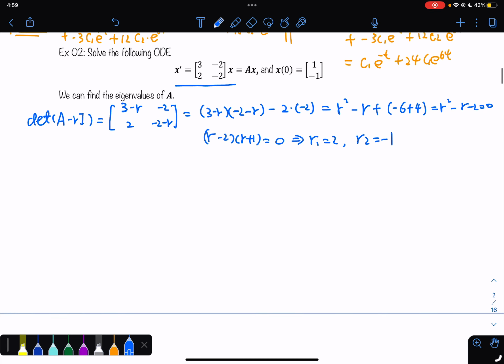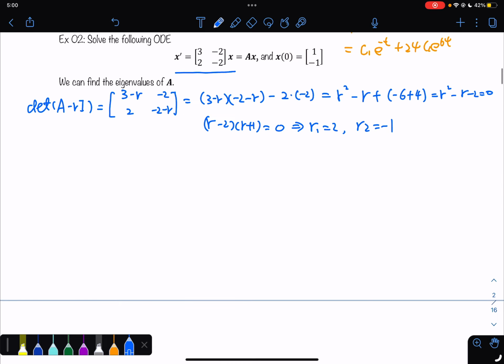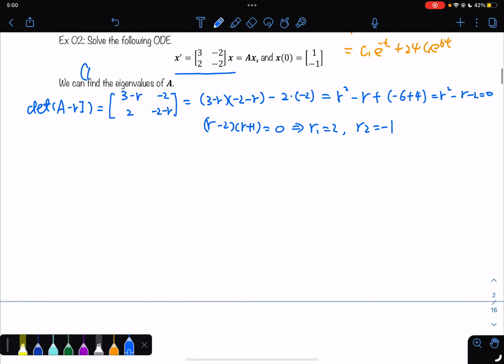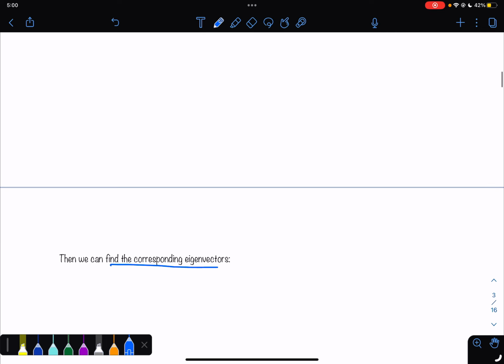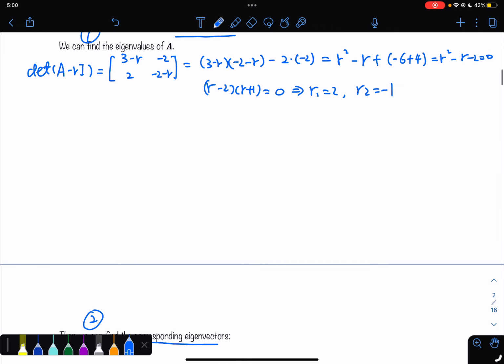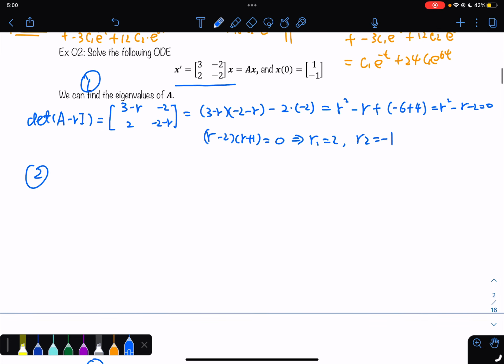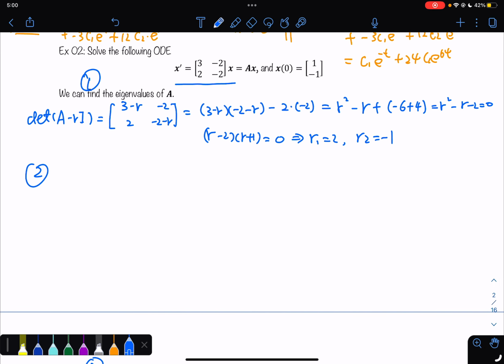You need to find the corresponding eigenvectors, which is what we have to do next. So find eigenvalues and then find corresponding eigenvectors. To find the corresponding eigenvectors, I'm going to start from here because the space below is not enough. To find the corresponding eigenvector, you have A minus RI times x1, x2 equal to 0, 0.